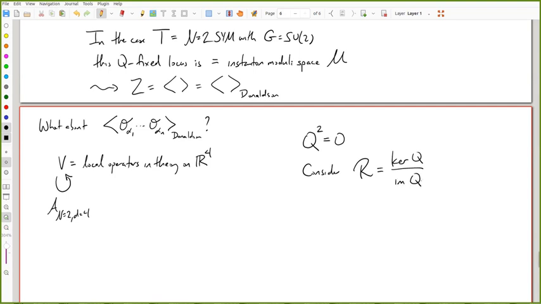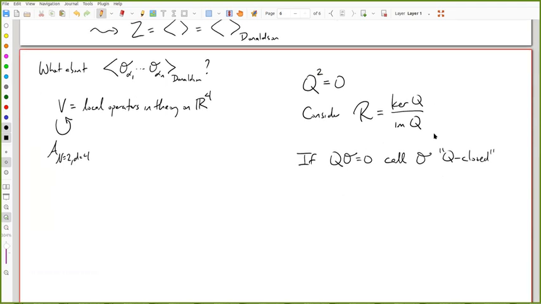So I can consider the kernel of Q mod the image of Q. Just as a piece of notation, if Q acting on some operator equals 0, we'll call the operator Q closed. I guess that's the usual terminology when you have a complex like this: the closed things are the ones annihilated by Q. And if O is Q of something, then we'll call it Q exact. So we look at the closed ones modulo the exact ones.